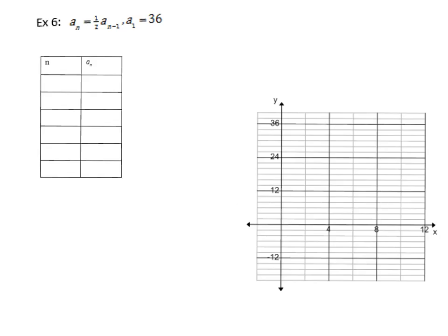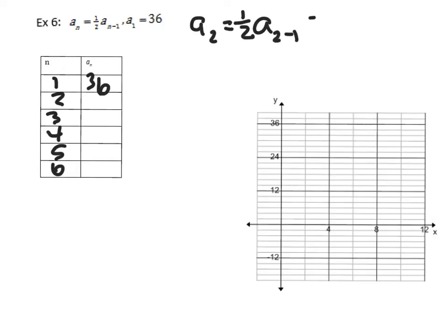Okay, next one, we have a recursive formula. So we're going to start with 1, 2, 3, 4, 5, 6. Our first term is 36. This basically says my second term is 1/2 of a sub 2 minus 1, so it's half of the first term.